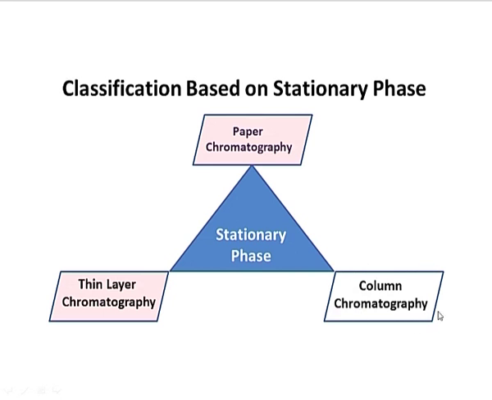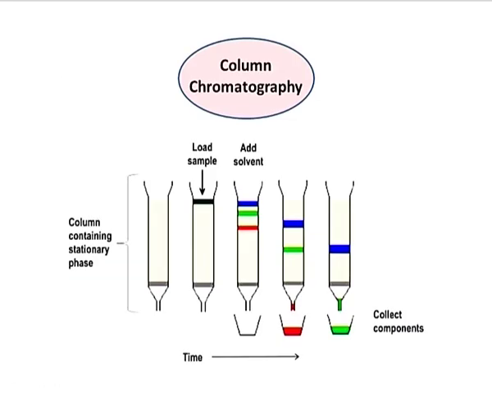Column chromatography in principle is exactly similar to TLC or paper chromatography, the only difference being the morphology. In this case, the stationary phase acquires the morphology of a column. You do not put a spot, but you pour down or add a sample on the top and then flush it with solvents, which is your mobile phase.